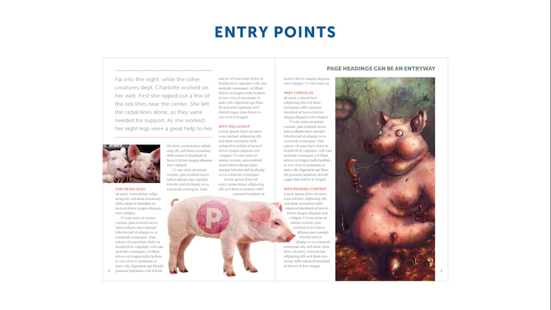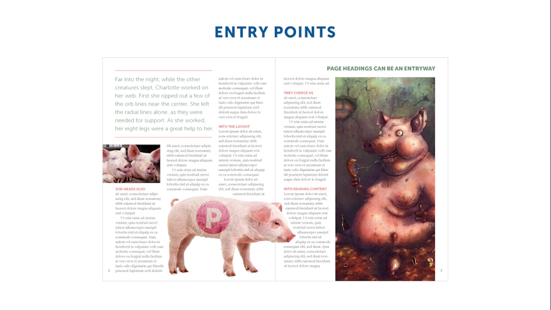And so you'll notice obviously the outlined pig without the background has become much bigger, so he's very much a focus now. The size of the pig illustration on the right has changed slightly, and then the picture on the left page has changed quite a bit. It's become more of an inset.